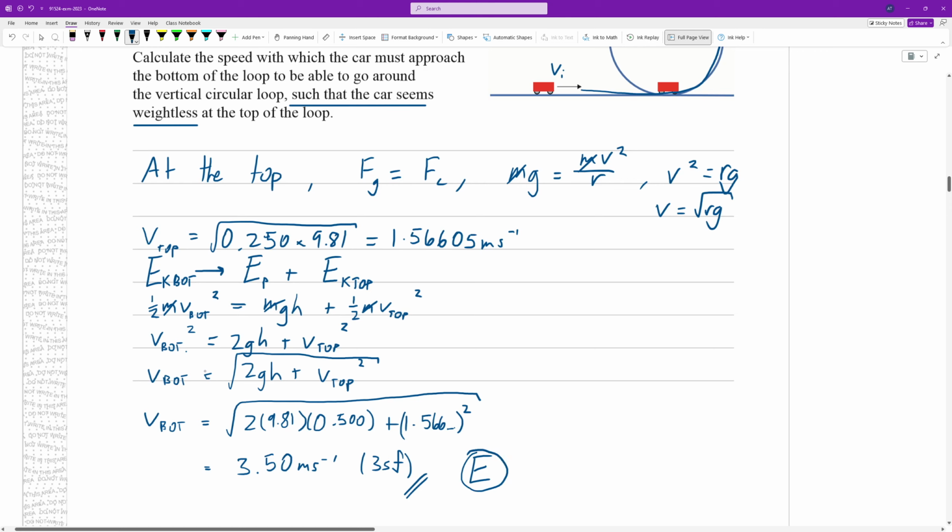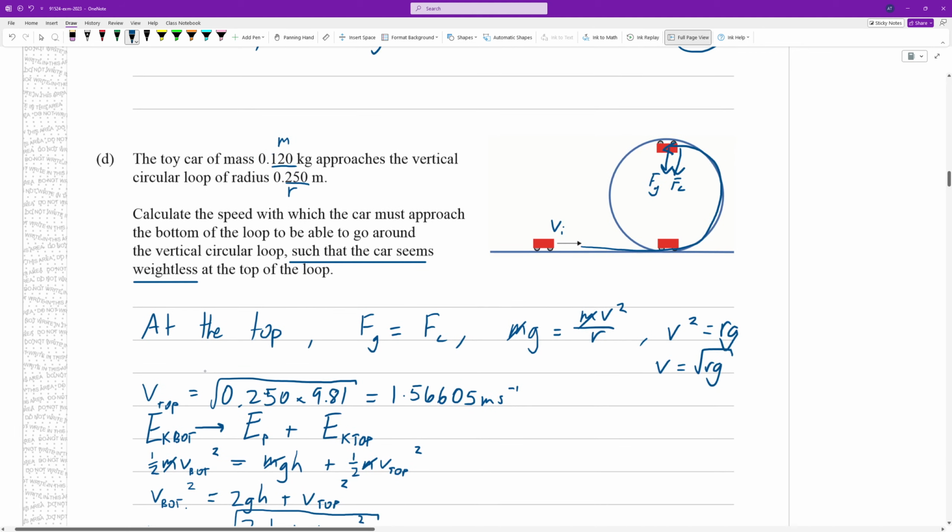So let's step through it one more time, and I'll point out the achieved and merit points. So the question importantly says that it seems weightless at the top. So we need to state Fg equals Fc. Right? Weight force equals centripetal force. If that's the only thing you wrote, guess what?